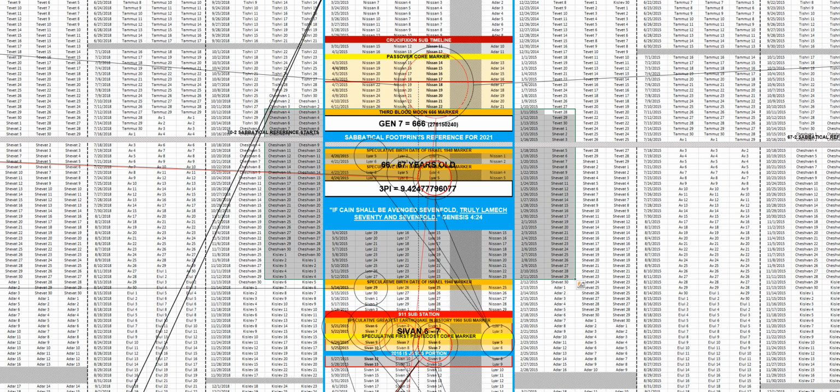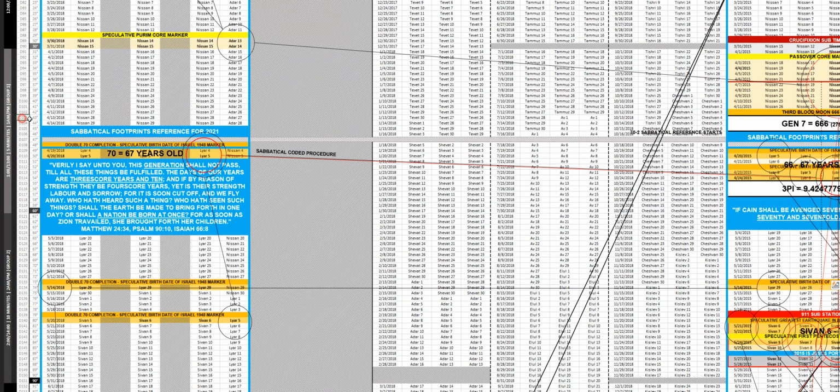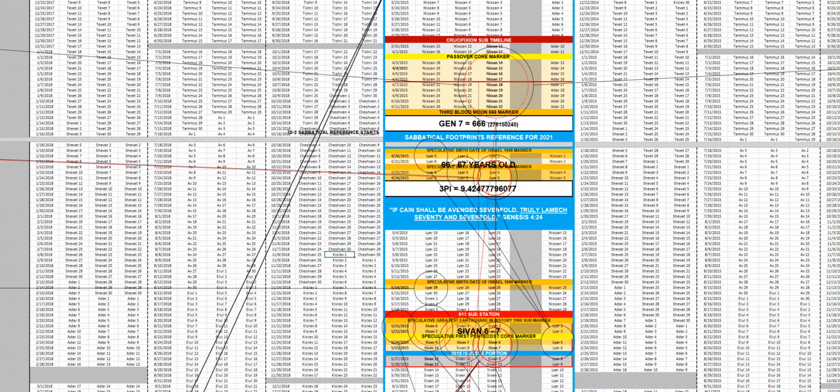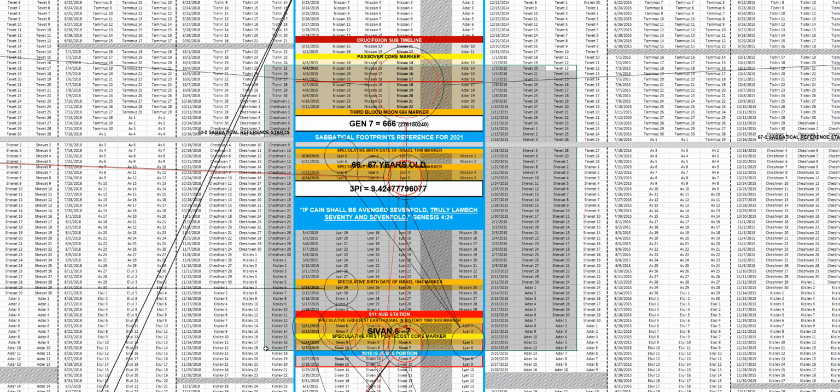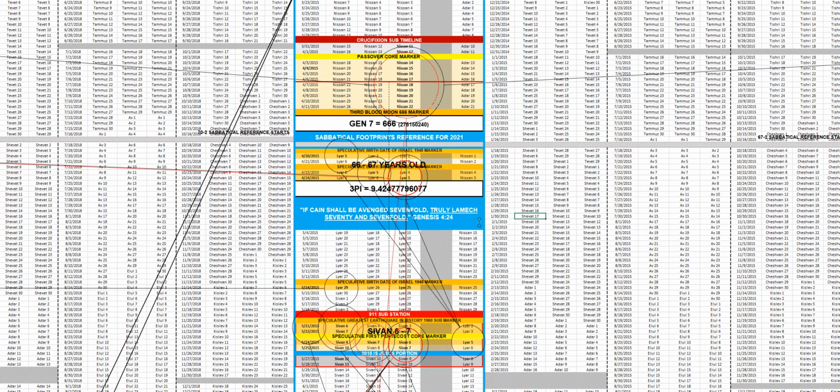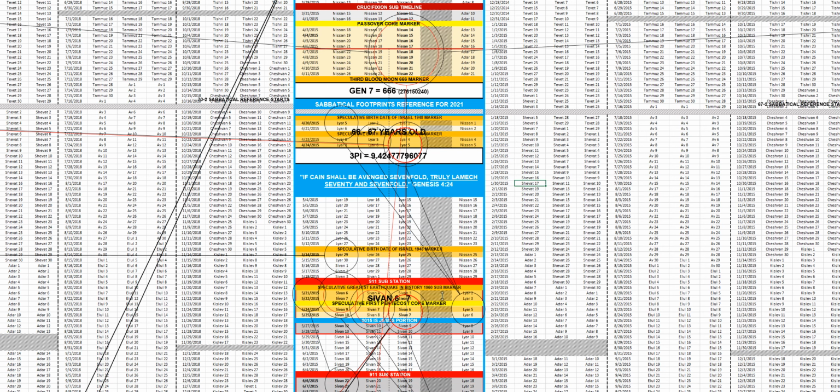424, that was layer 5, and here I'm 70 years old. So we're going by the sabbatical code, 67 years old, and we're finding the Pentecost. The Pentecost is Sivan 67. Sivan 67 is the sabbatical code.